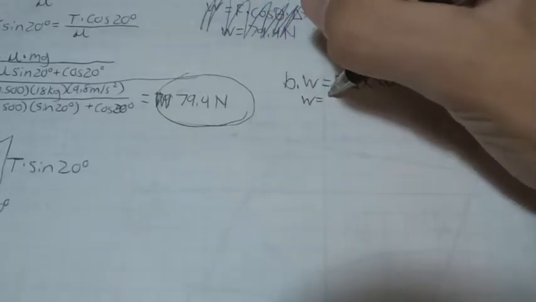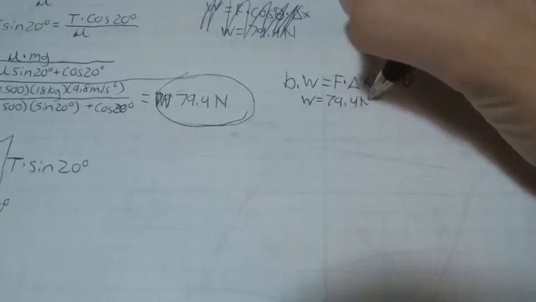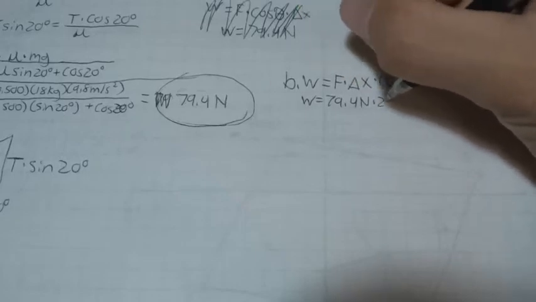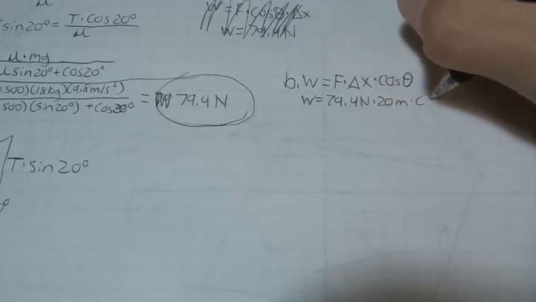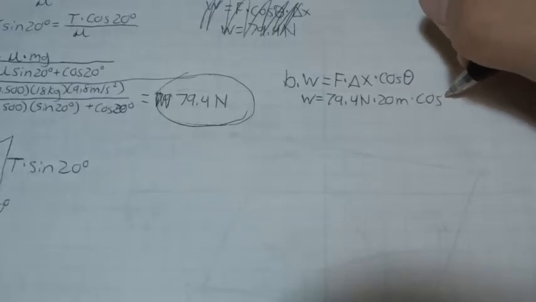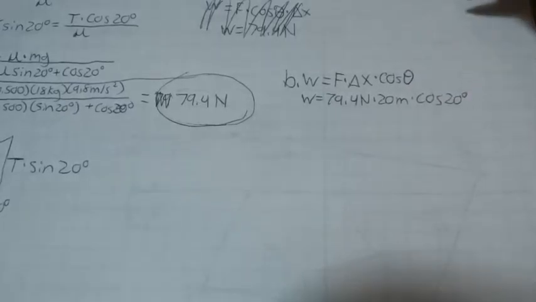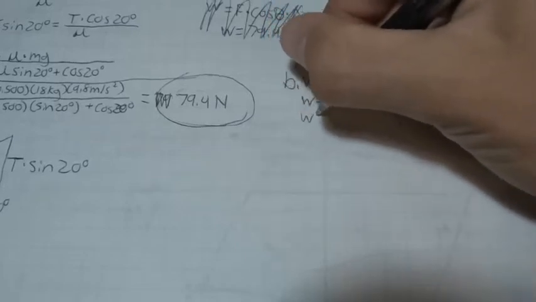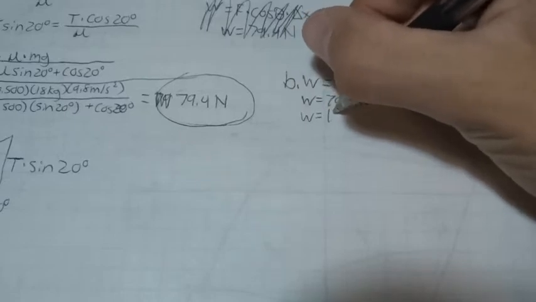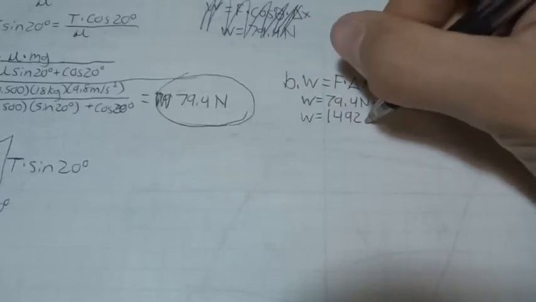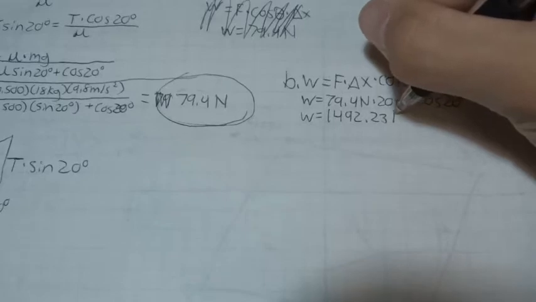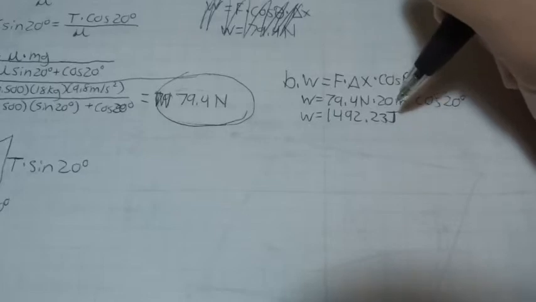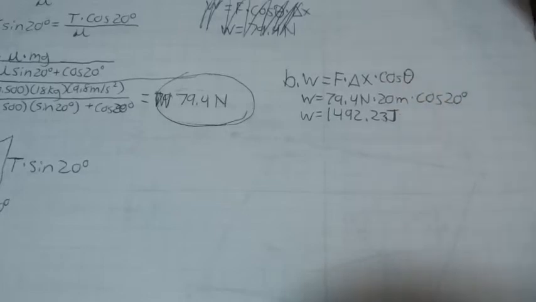So work equals 79.4 newtons times delta x, which we know is 20 meters, times the cosine of 20 degrees, because 20 degrees was our angle in our triangle. Doing all of this will get you 1492.23 joules. So the book answer actually puts this in kilojoules.